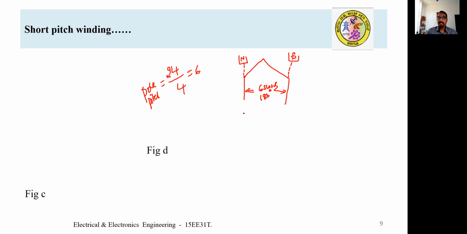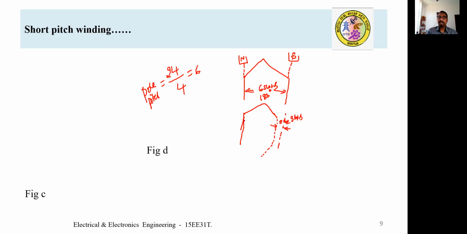On the other hand, if in a winding the coil side is placed in this slot and its other end, instead of being placed over here as in a full pitched winding, I place it here, that means there is a short of one slot.